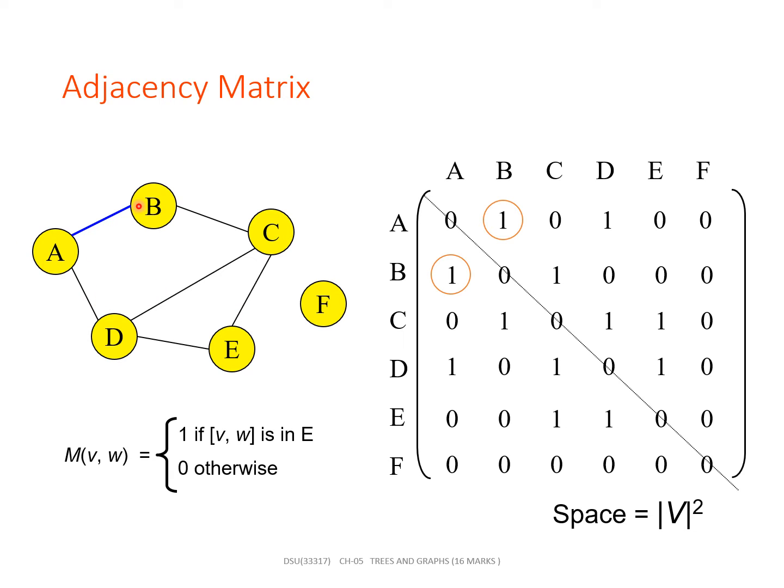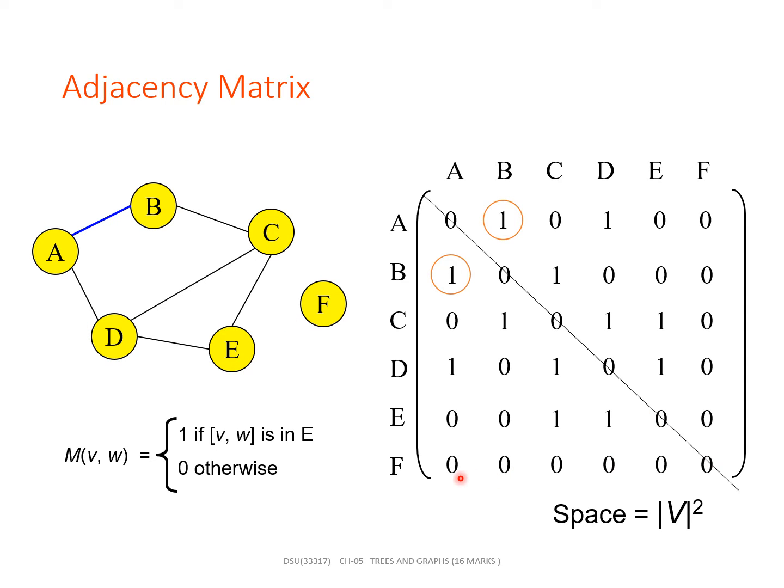Now B to A is 1, then B to B is 0, B to C is 1, and like this. Now C to A is 0, C to B is 1, C to C is 0, C to D is 1, C to E is 1, C to F is 0. D to A is 1, D to B is 0, D to C is 1, D to E is 1, D to F is 0.